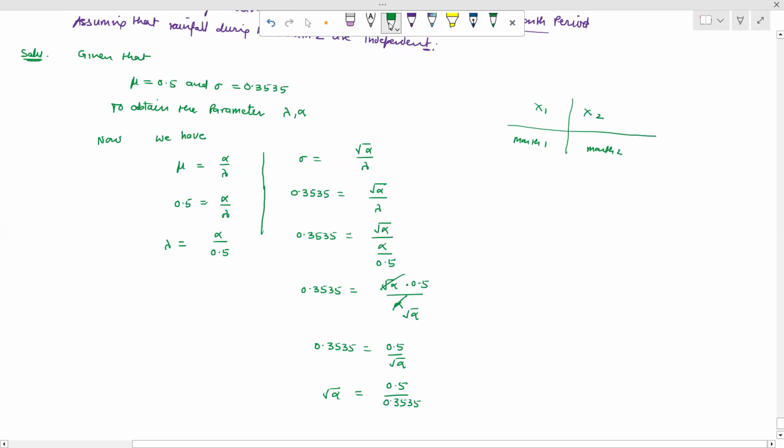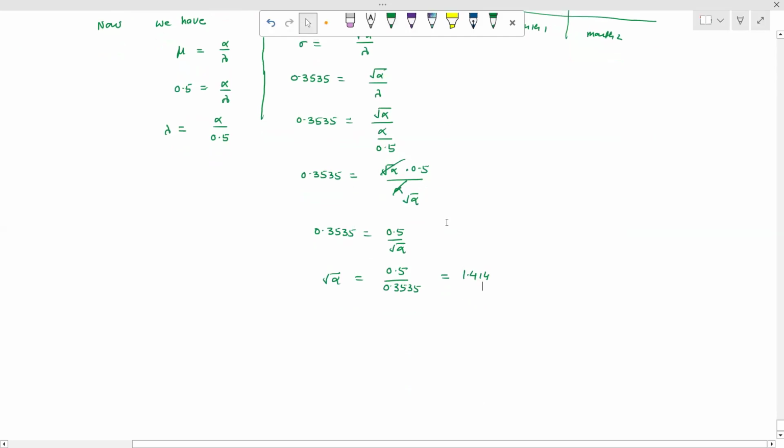When we divide this, it is approximately 1.414. So when we square both sides, alpha gives us approximately 2, because the square root of 2 is approximately 1.414.